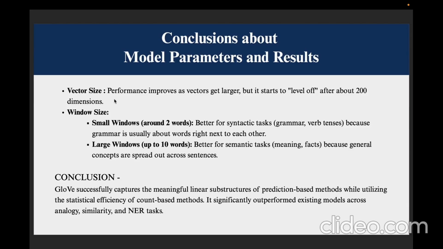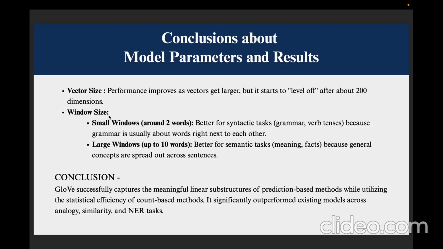Performing on various dimensions, it shows that performance improves as the vector gets larger, but it also starts to level off, as in it starts to wear off in results after about 200 dimensions. This shows that if we take very large vectors, it's going to produce a lot of noise in the vector dimensions. It will start to gather context which is maybe not in that much relation to the word, and many frequently appearing sidelined words, which is why 200 dimensions performed the best.